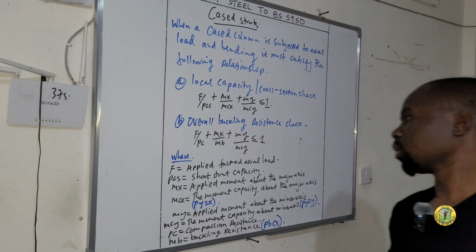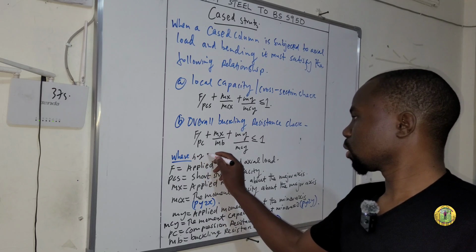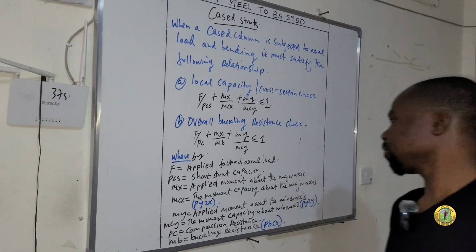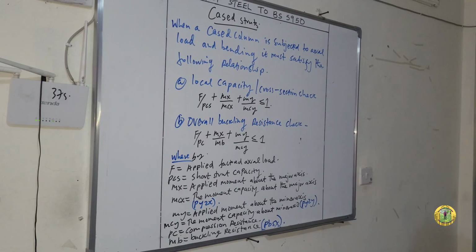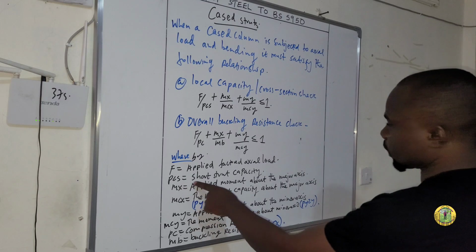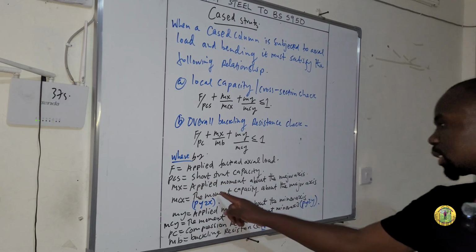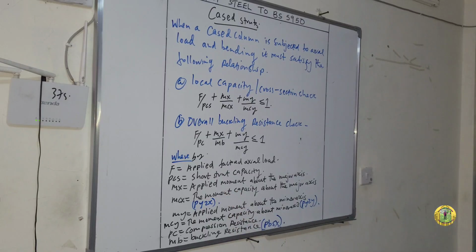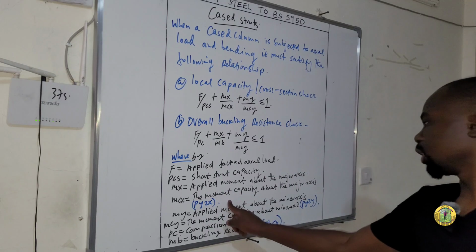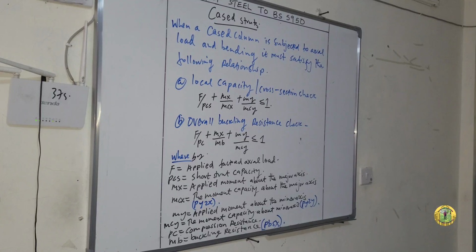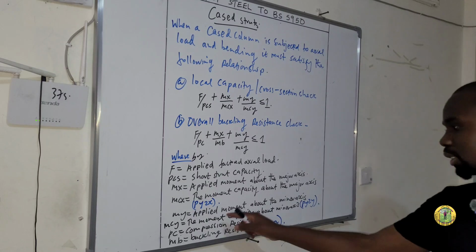whereby F is the applied factored axial load, and then PCS, short strut capacity, MX, applied moment about the major axis, and then MCX, the moment capacity about the major axis, which is given by PY times ZX.